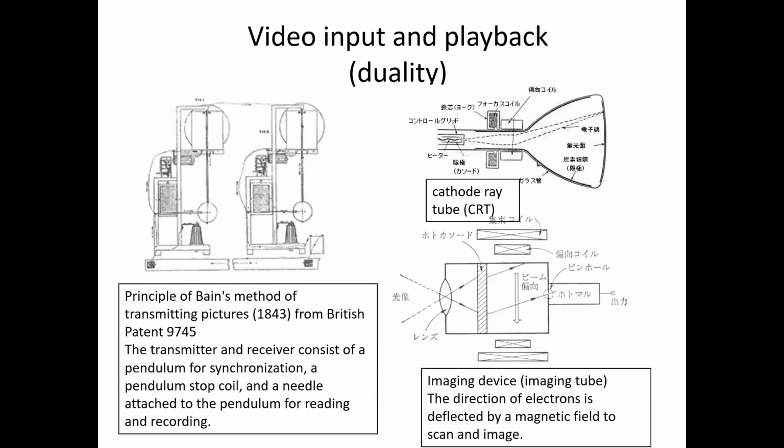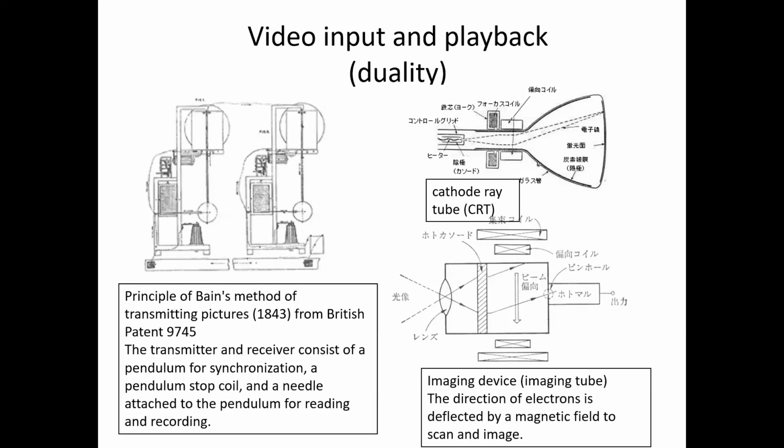The bottom one is the capturing device, and the top one is the display device. What's done here is there's optics, and the light information is captured by an imaging device. But they don't need to store it, they just need the intensity.